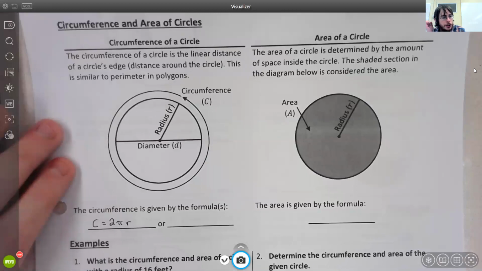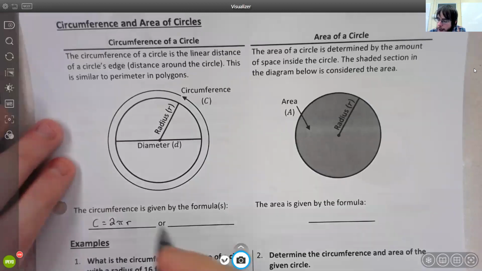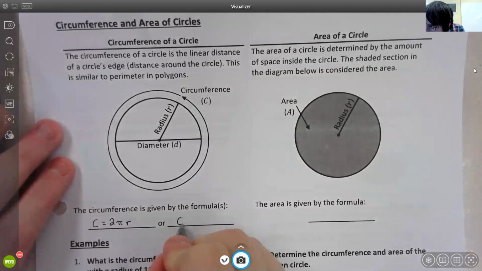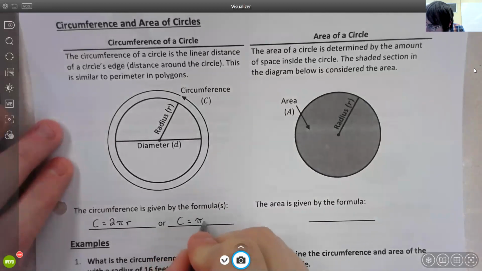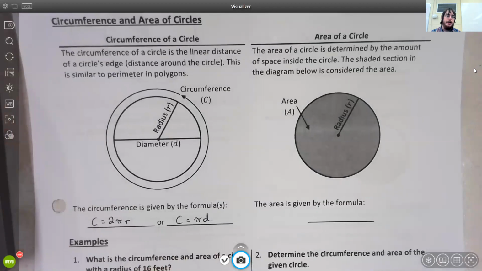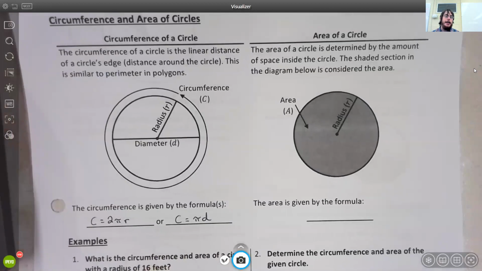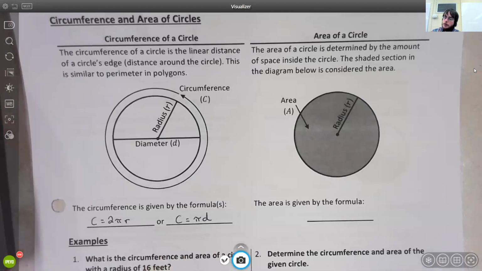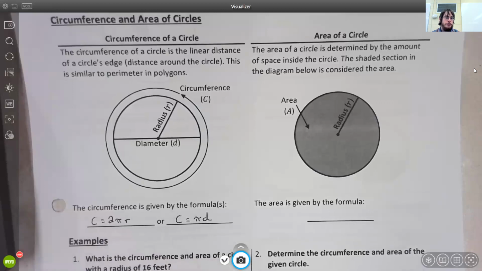The other formula is C equals pi d, pi times d. We can say pi times d because 2 times the radius is equal to the diameter. So we replace the 2r with d and keep the pi around, and these two are equivalent.